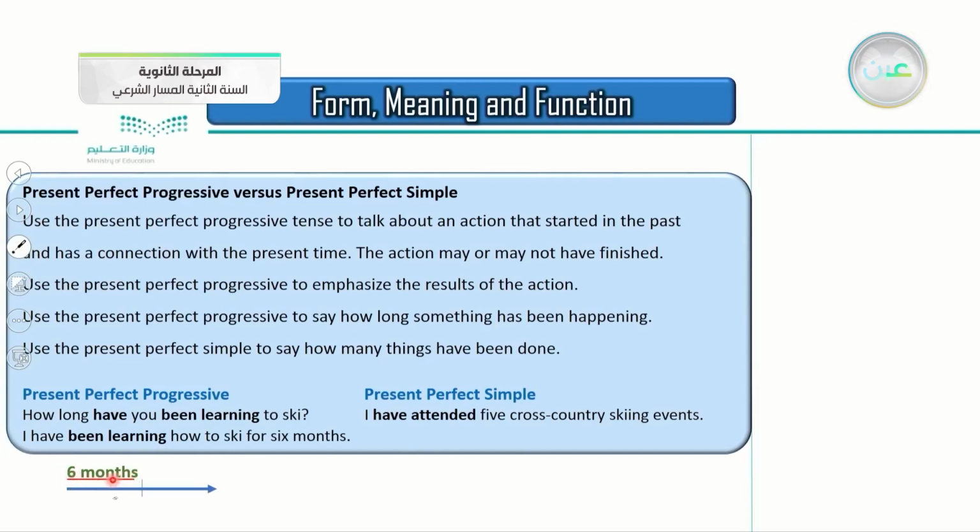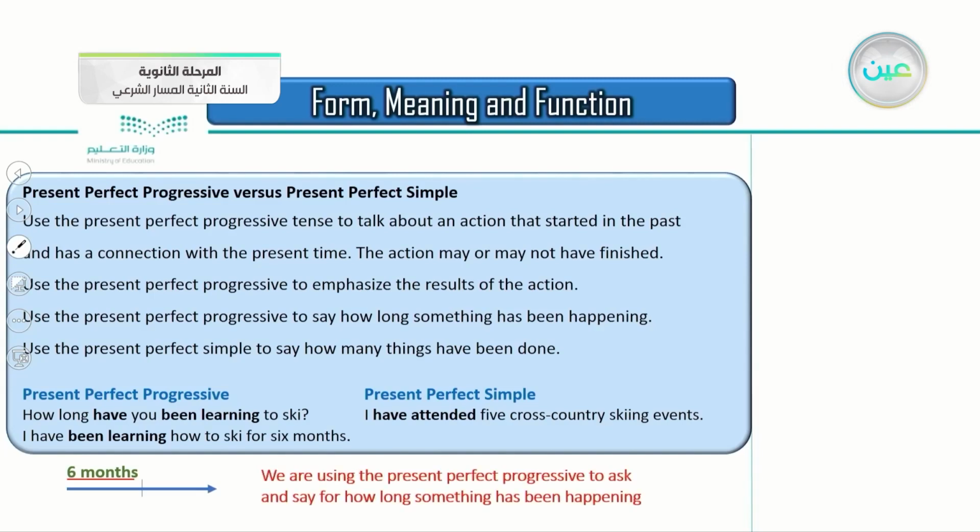This is the whole 6 months, something that began in the past and is still happening until the present. Again, I have been learning how to ski for 6 months. We are using the present perfect progressive to ask and say for how long something has been happening. So we focus on the time.